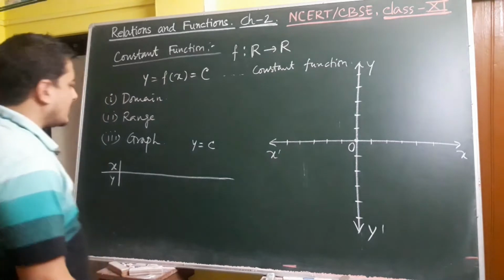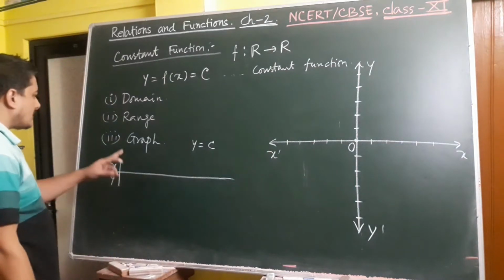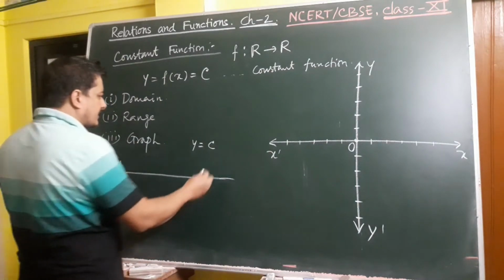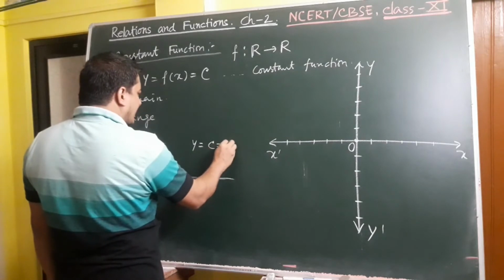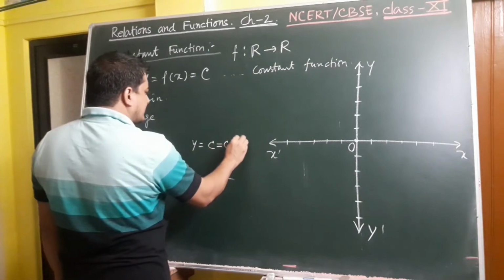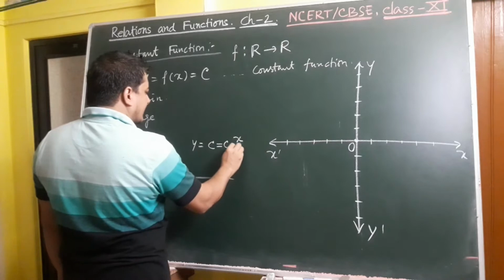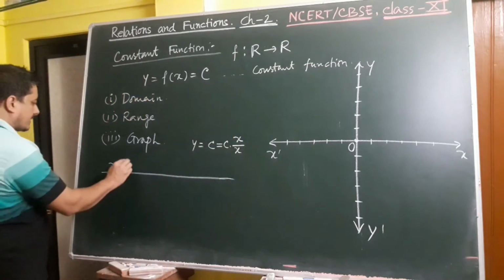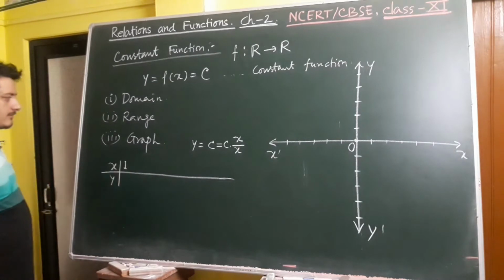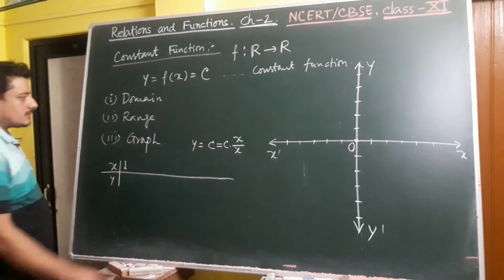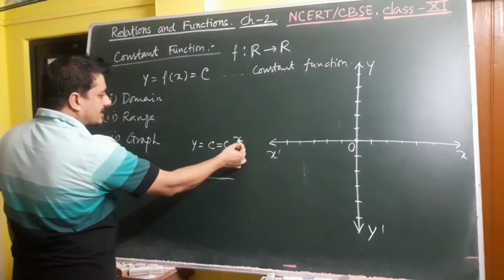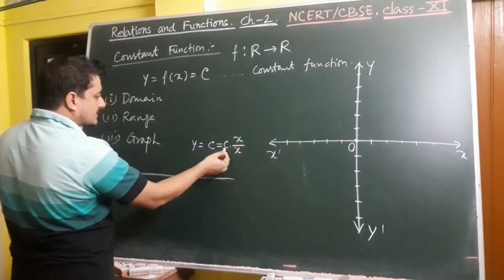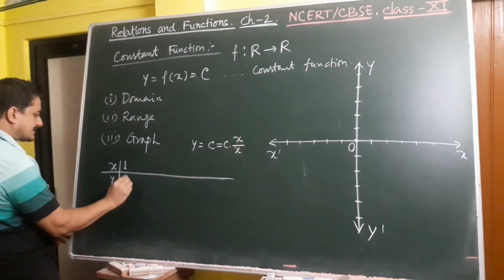Now see, for convenience I can also write this equation as c multiplied by x by x. Now put x as 1: 1 by 1 is 1, so you get the value of y as c.